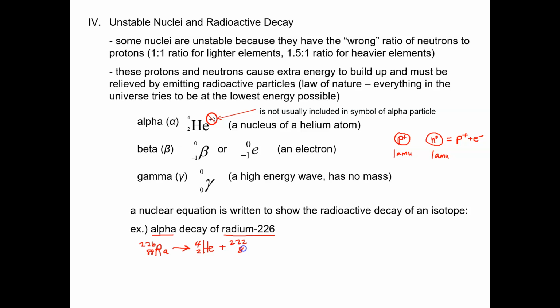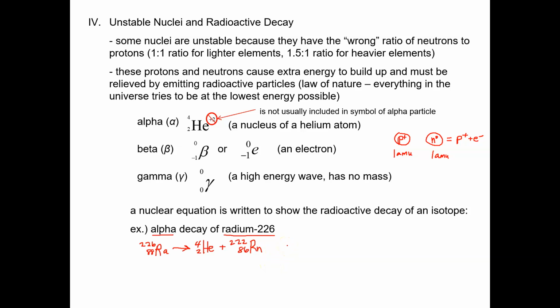Must be 86. What's element 86 on the periodic table? Take a moment to find that on your periodic table for me. Did you find 86? It is radon, all right? Radon, which is Rn.